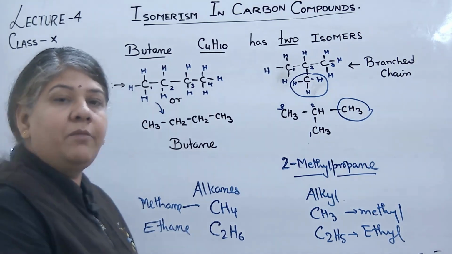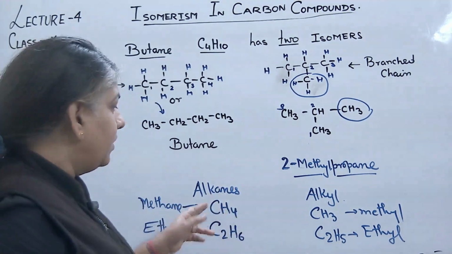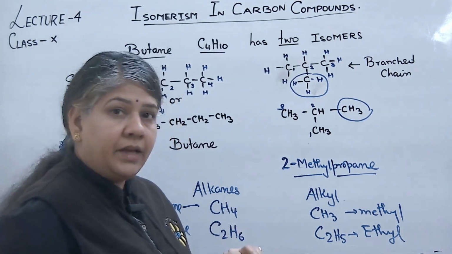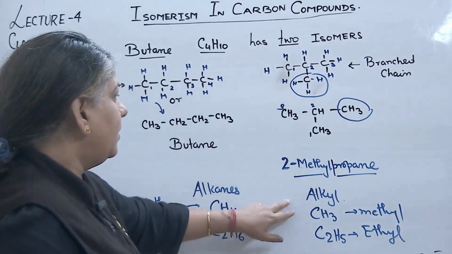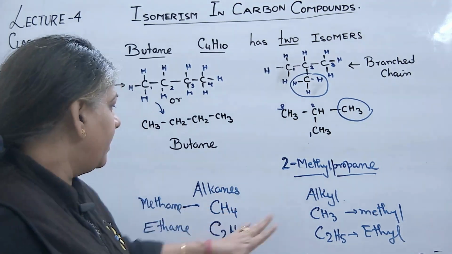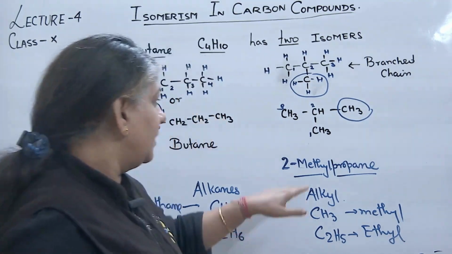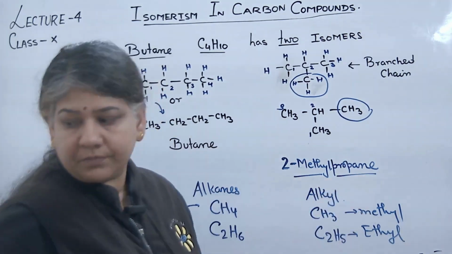So this is one more series that you must remember. You studied alkanes, alkenes, alkynes. Now these are alkyls. So this is how alkyl is formed. Removing one hydrogen from an alkane will give you the alkyl series. Hence we write 2-methyl propane.